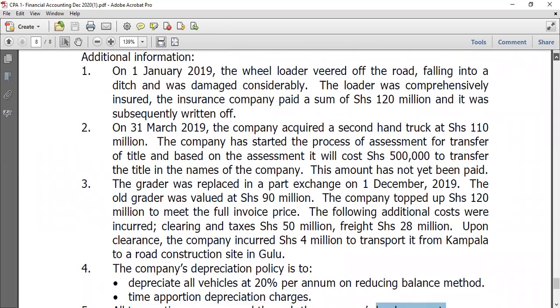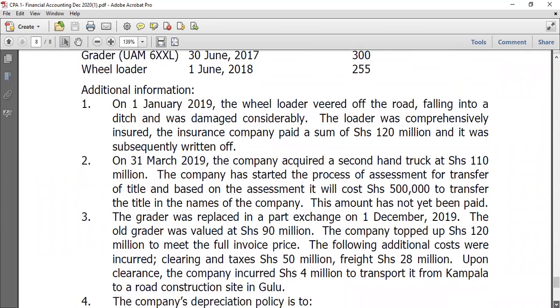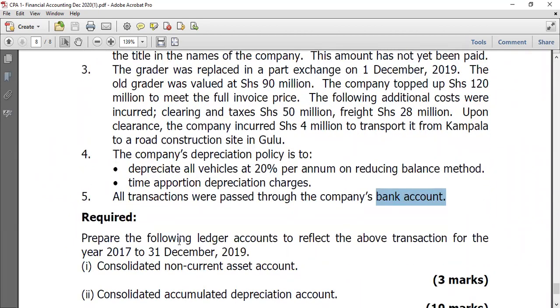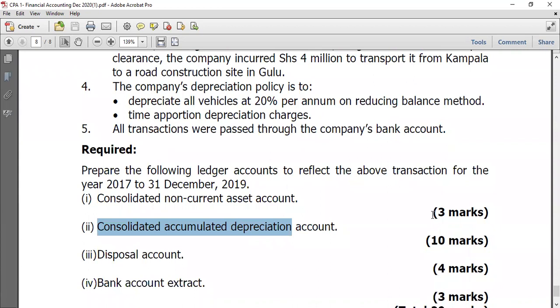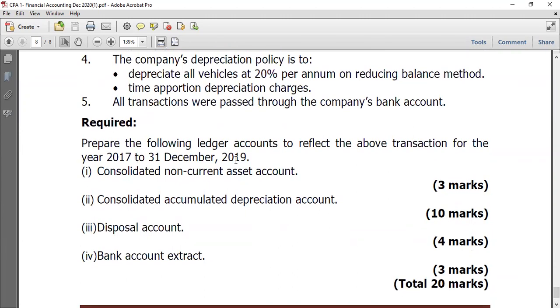Our required is to prepare the following ledger accounts to reflect the above transactions for the year ended 31st December 2019: a consolidated non-current asset account, a consolidated accumulated depreciation account, then a disposal account. You can see 3 marks, 6 plus 4, so you have the 20 marks right here.